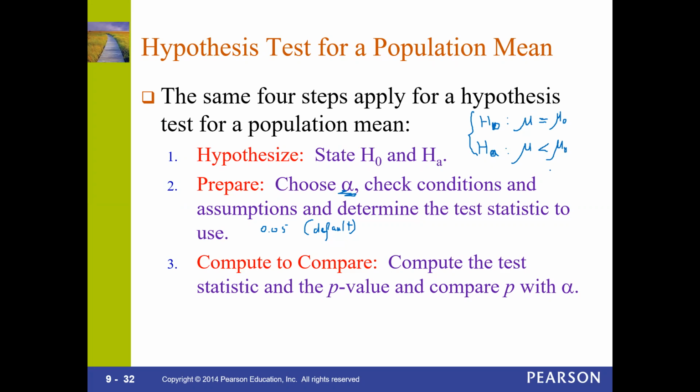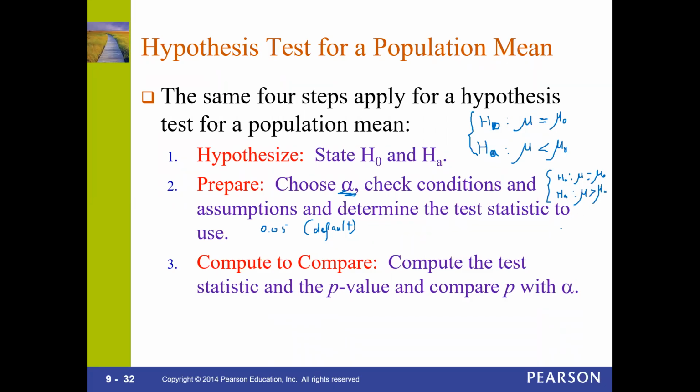The second case: H0, mu is equal to mu sub 0, and HA, mu is greater than mu sub 0.